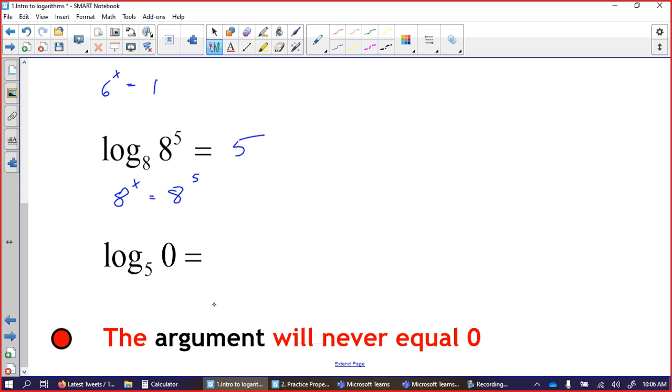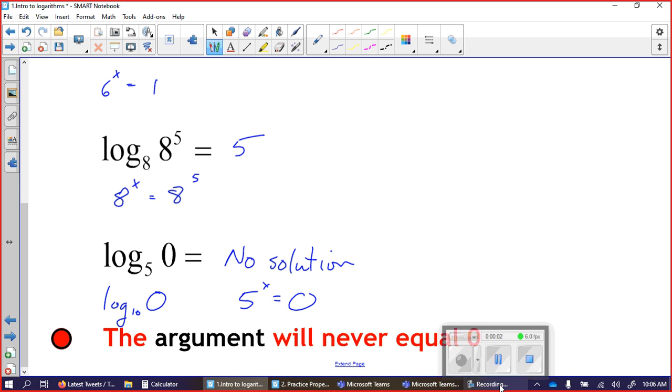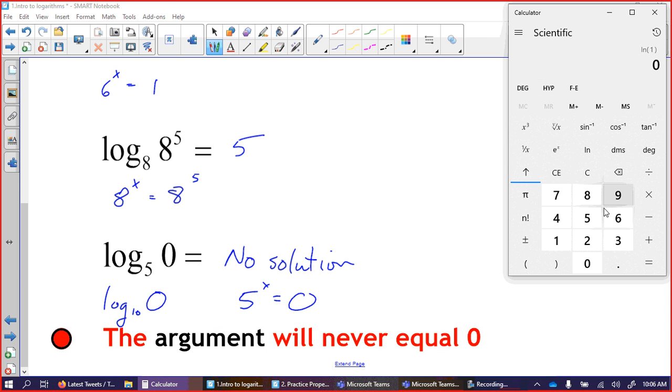Log base 5 of 0. Log base 10 of 0. I can look at that on the calculator. Or 5 to what power equals 0? Well, the argument will never equal 0. No answer, because you cannot take the logarithm of 0.